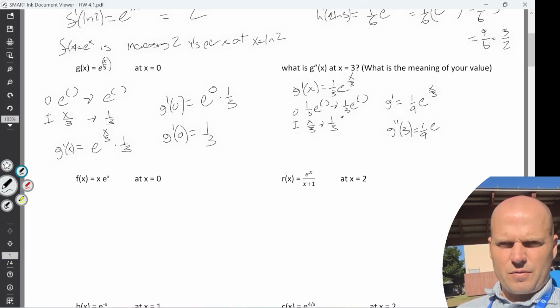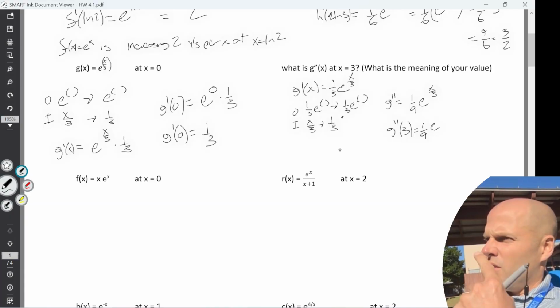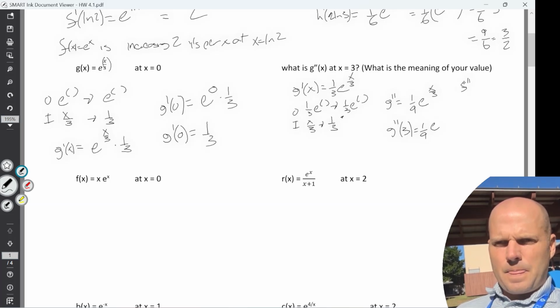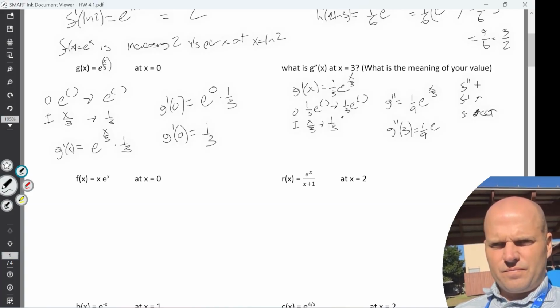What is the interpretation of this value? This is the second derivative. Second derivative tells me about the first derivative, which tells me about the original function and its curvature.